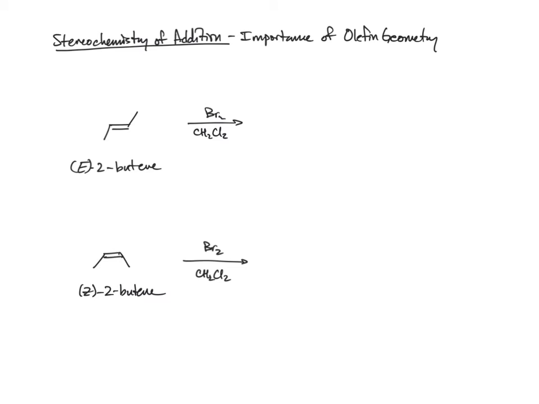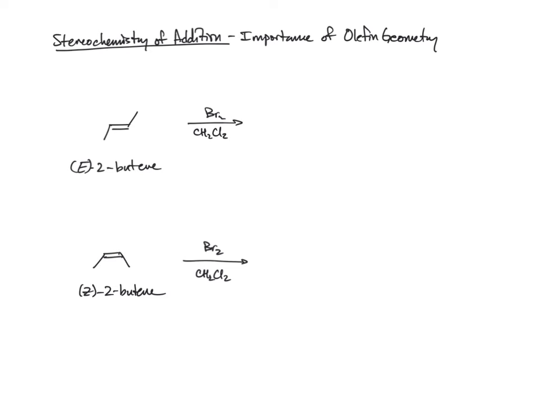Here we have the E, or the trans 2-butene, and the Z, or the cis 2-butene. So considering the mechanism that you just saw, that bromine does a trans addition, how many products can you get for this and for this?